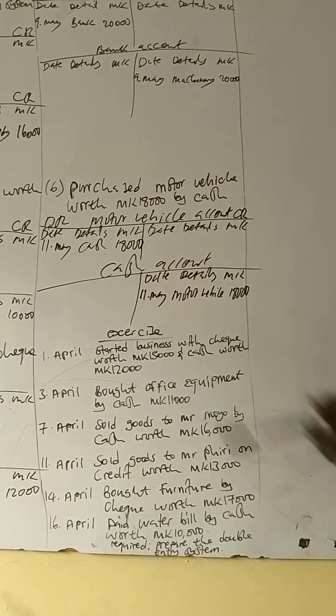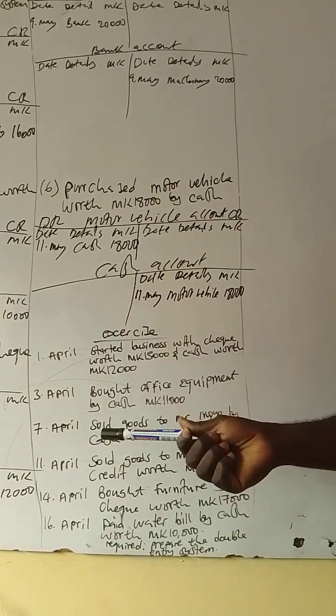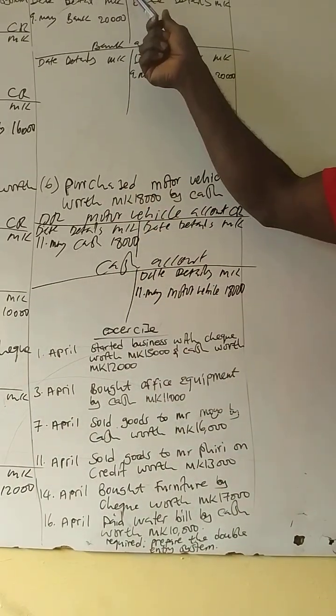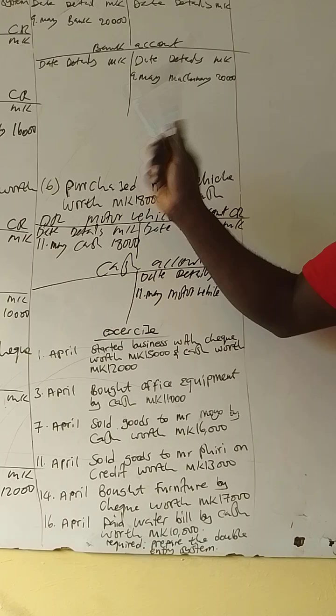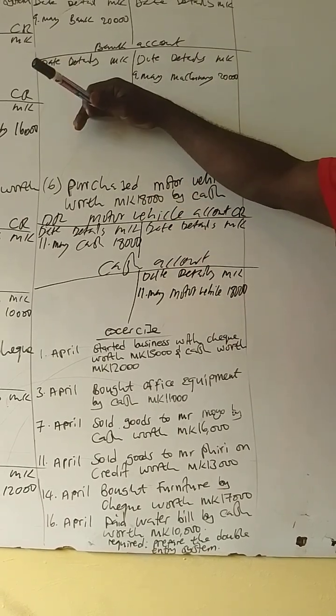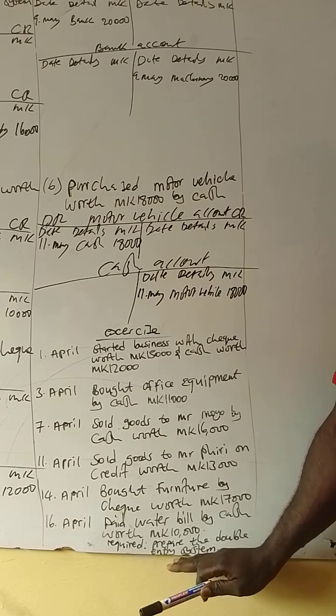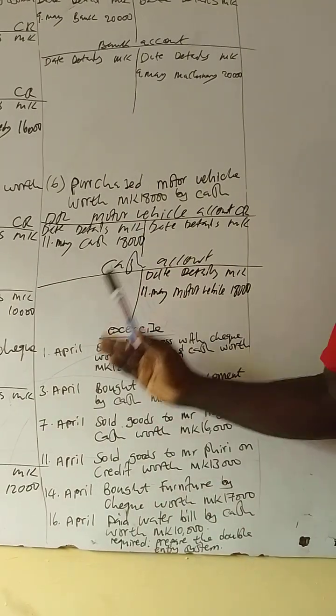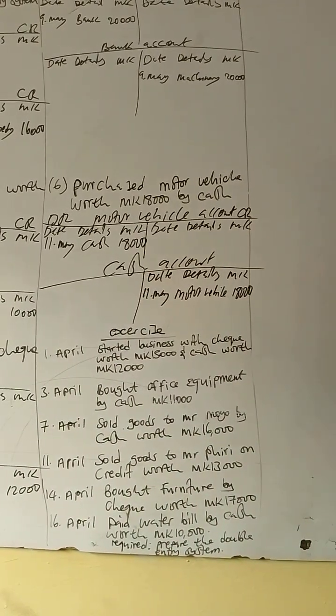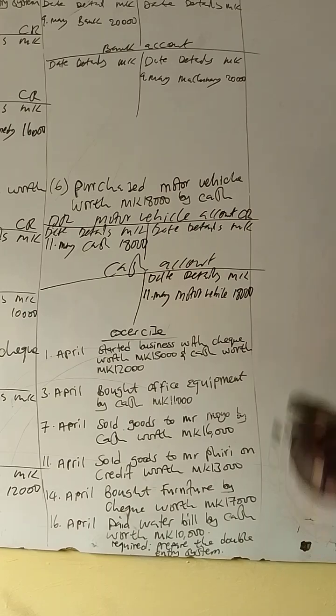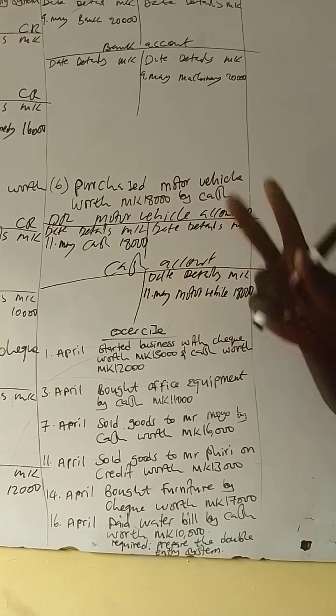Now, as we were starting, it was very difficult, but as we go, you see, when an account receives, you must debit. And when an account gives, you must credit. That is called the double entry system. The double entry system, we said, is a system which records the transaction twice.